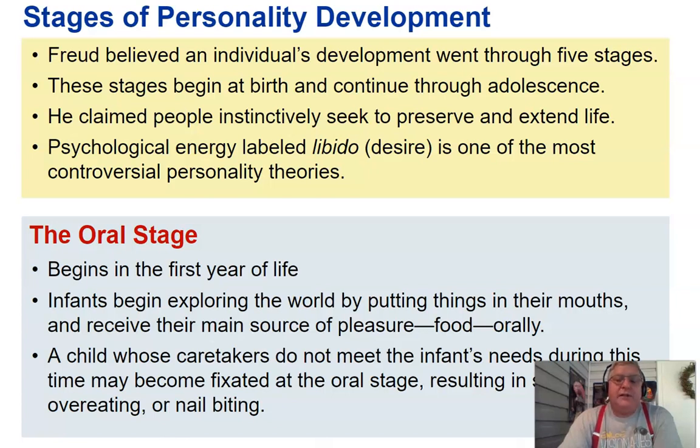A child whose caretakers do not meet that infant's needs during this time becomes fixated at the oral stage, resulting in smoking, overeating, or nail biting. So if you're a smoker or an overeater or a nail biter, it could be that you, according to Freud, weren't satisfied during the oral stage of your development.